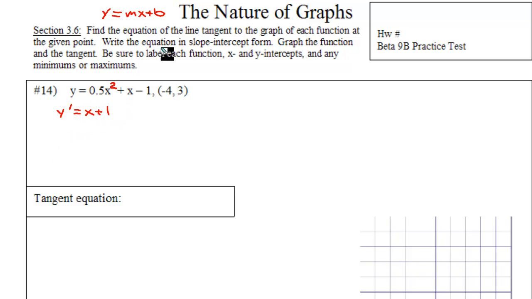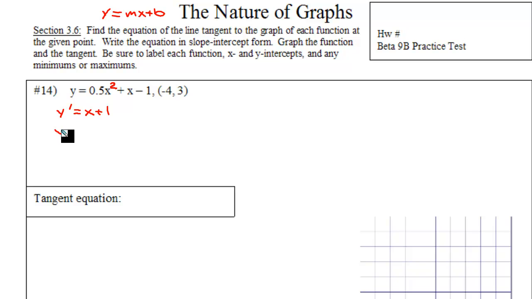the first thing we're going to do here is find the equation of the line tangent. To do so, we need to find out what the slope is of that tangent line. Derivative means slope. So y prime equals x plus 1 is essentially saying the slope is x plus 1. The reason there's an x in the slope is because the slope is going to vary depending on where we're trying to find our tangent line on our curve.